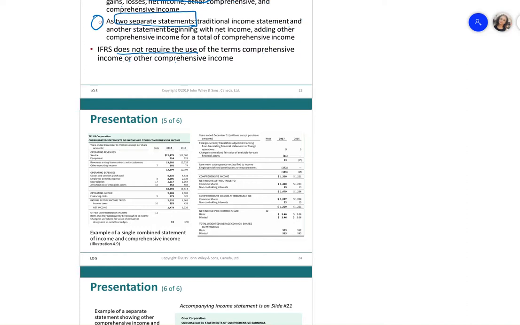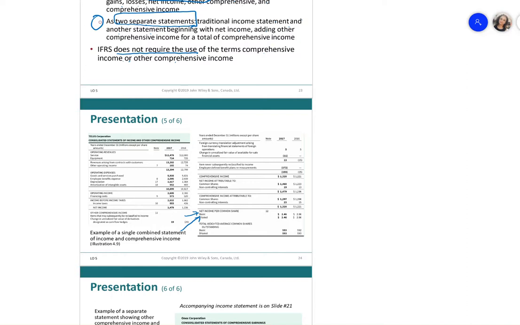Now, in this example, I just want to bring to your attention, even though we're not working out the earnings per share yet, that you have a basic earnings per share and a diluted earnings per share. You will learn a little bit more when we're doing diluted earnings per share.